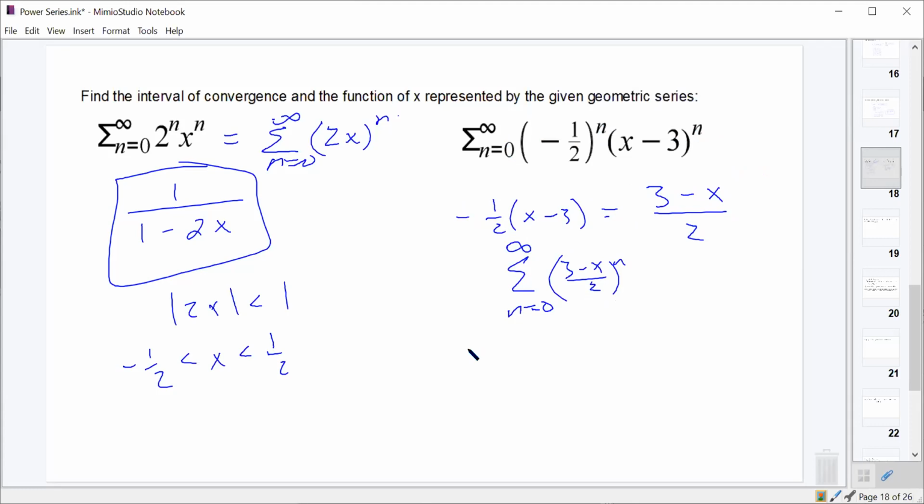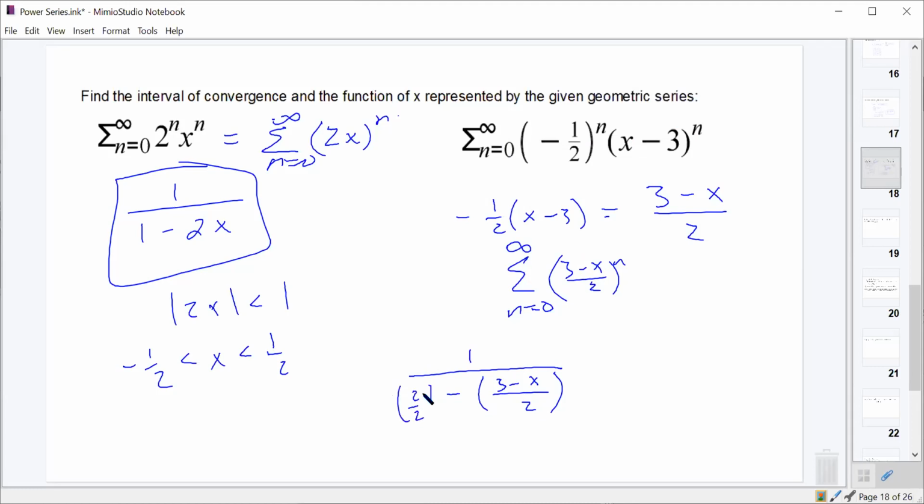And if we want to figure out what function is representative of this series, we'll do 1, because that's our first term. If n is 0, this is all just 1. And then over 1 minus the quantity (3 minus x over 2). And so we should be able to take this and put it into a nice, simpler form.